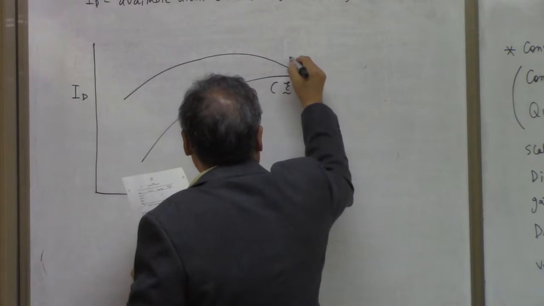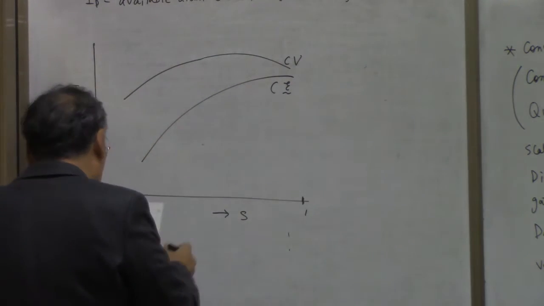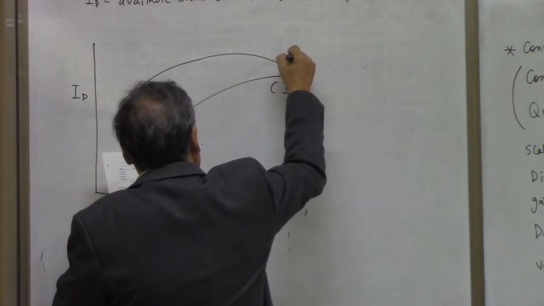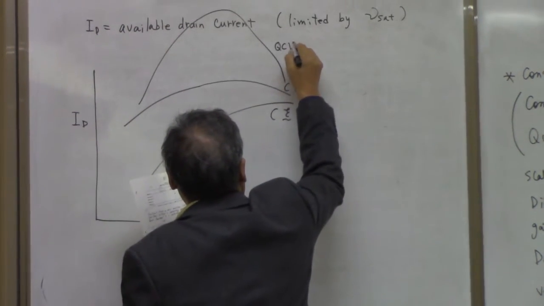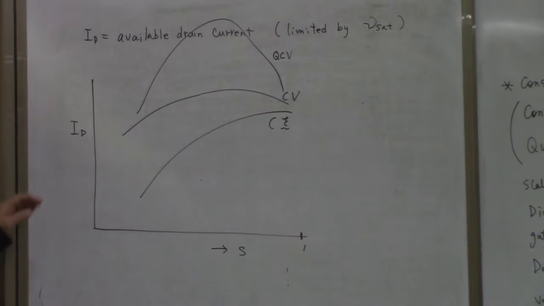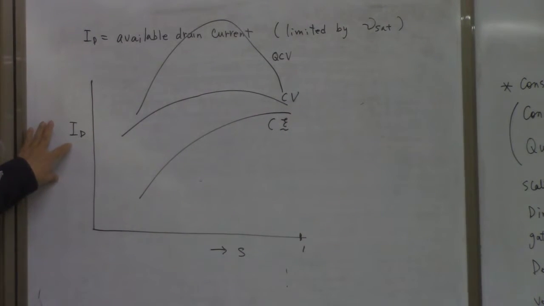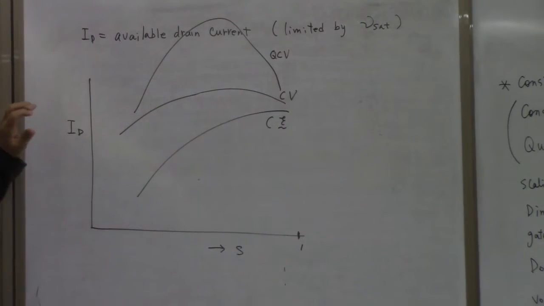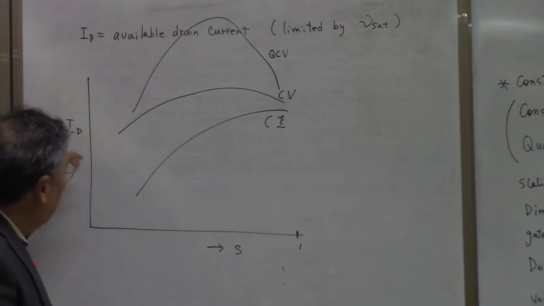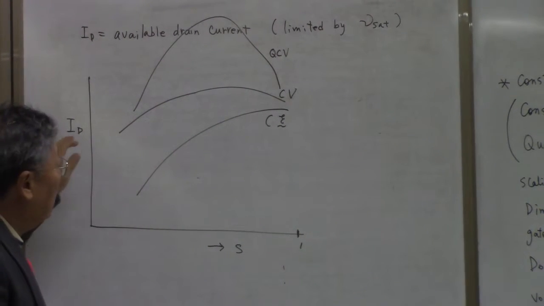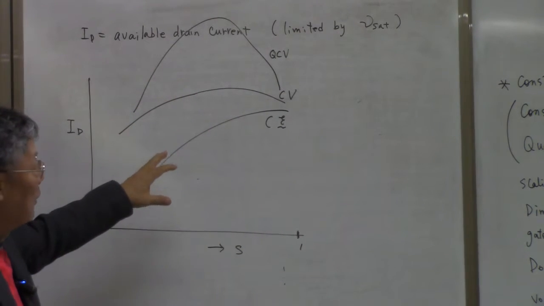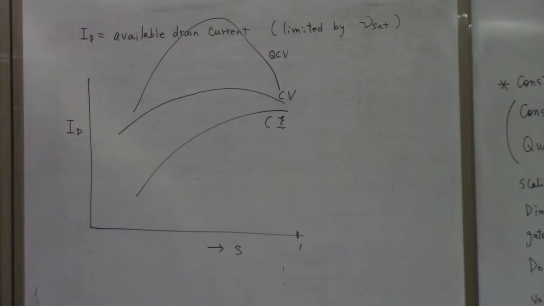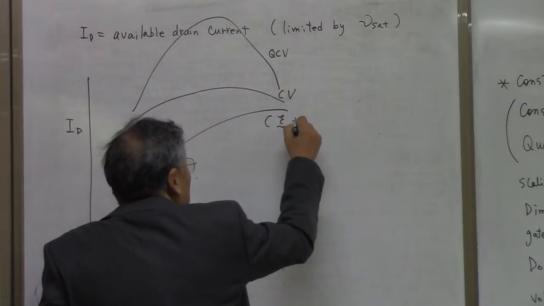It is something like this, constant voltage, okay? And then in the quasi case, it goes something like this. This is the quasi constant voltage.